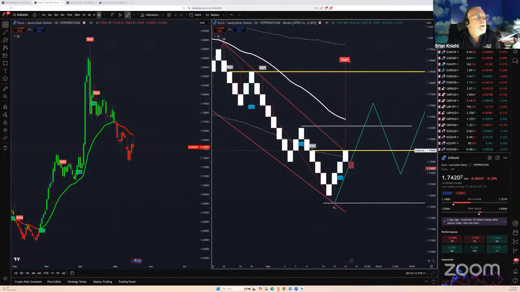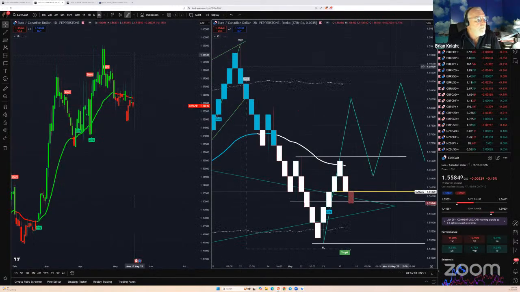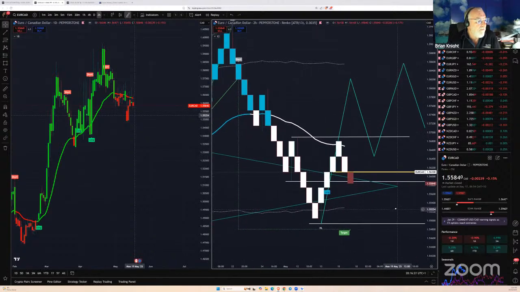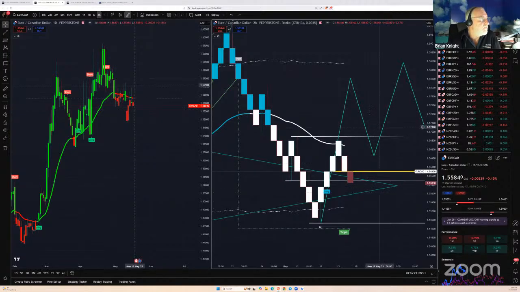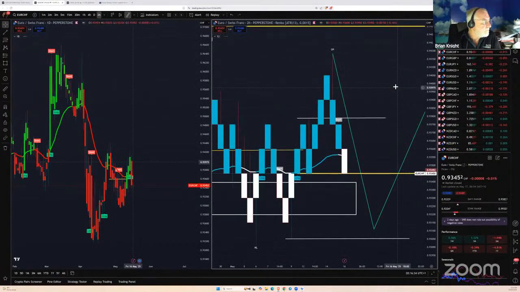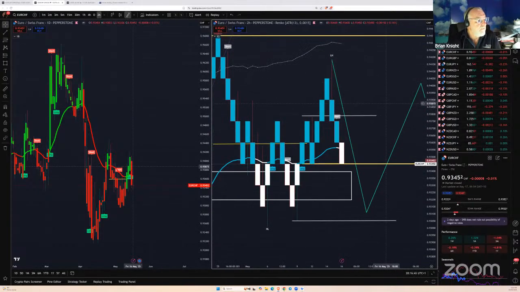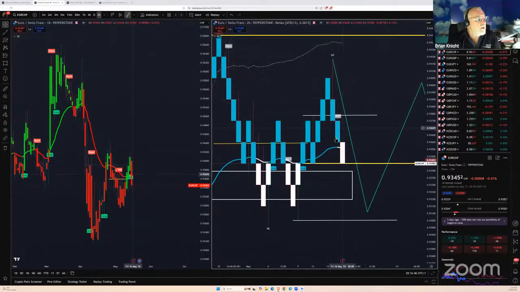Okay. Euro CAD. Again, the green line's saying it's going up, but it seems to be selling out. I'll look when the market opens up. Euro CHF. It's done a short there, come to the line, but it's been very up and down across this line.